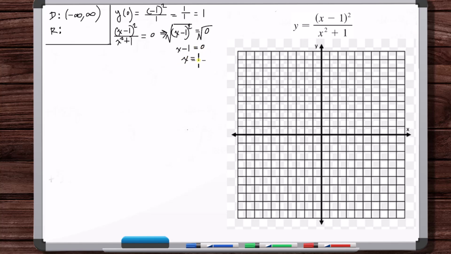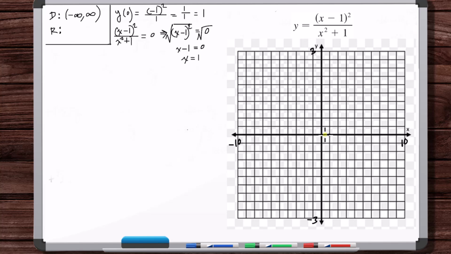When x is equal to 1. Okay, so x is equal to 1, y is equal to 0 is an x-intercept, and x is equal to 0, y is equal to 1 is a y-intercept.